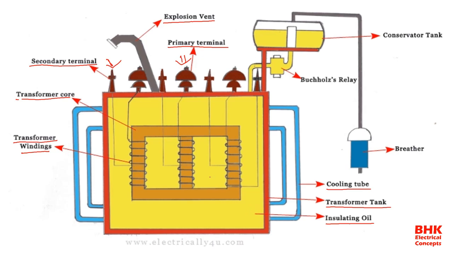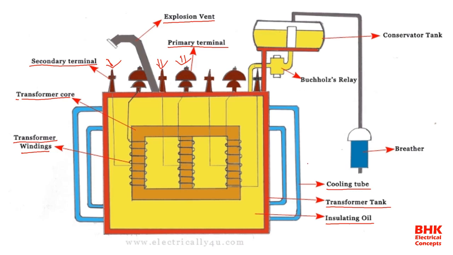And inside this box we are placing the shell type construction of the transformer core, and on each limb we are placing the transformer winding, and from each winding we have taken the terminals.